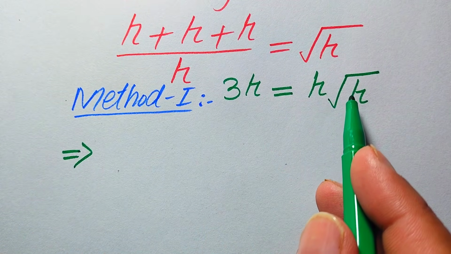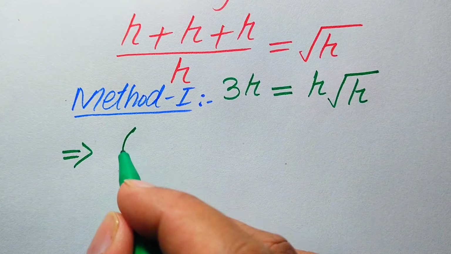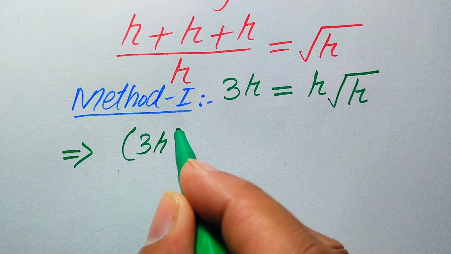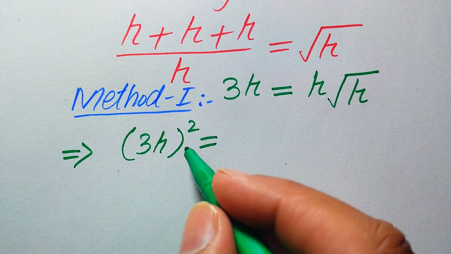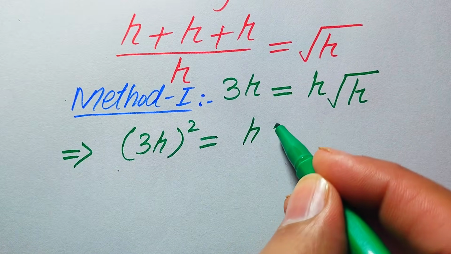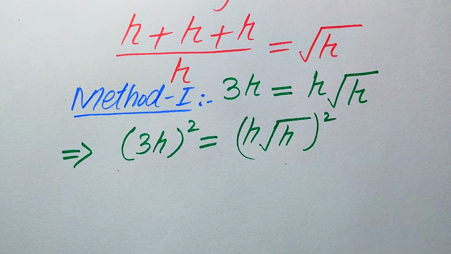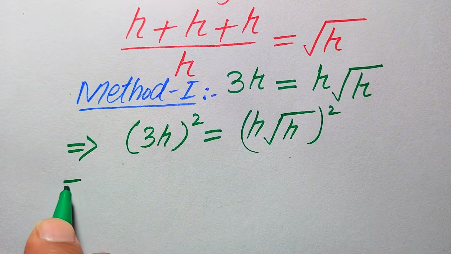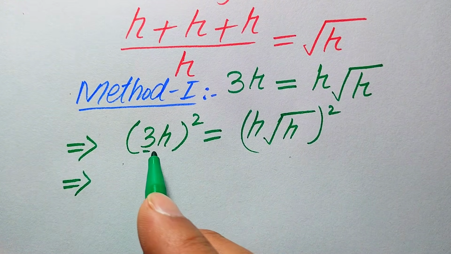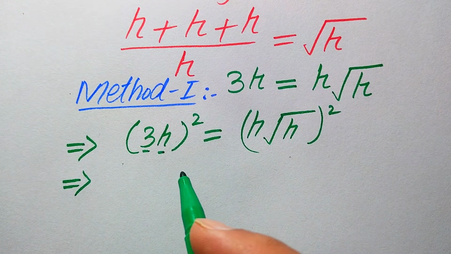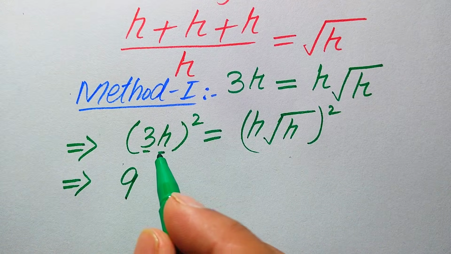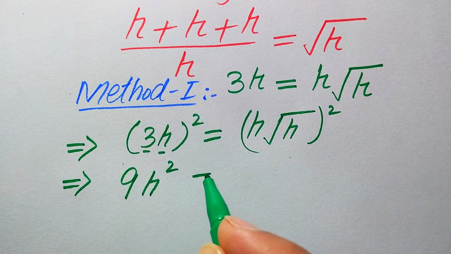For this we need to remove the square root sign, and for this we apply squaring on both sides, and it will be written as 3h whole squared is equal to h times the square root of h, whole squared. Here we apply the square separately on both of these values, and it will be written as 3 squared becomes 9 and h squared becomes h squared.